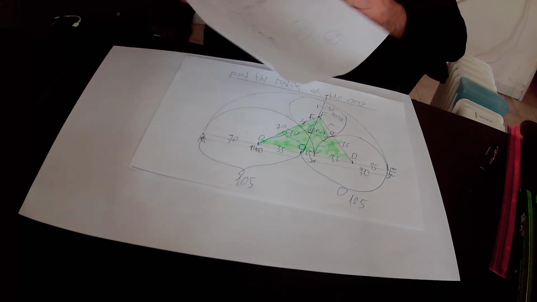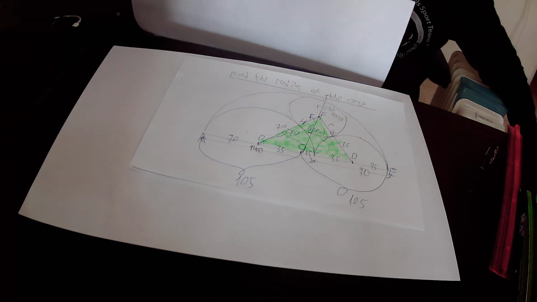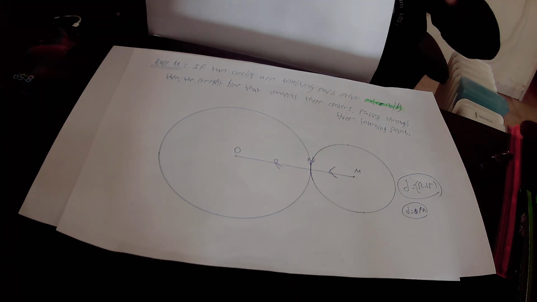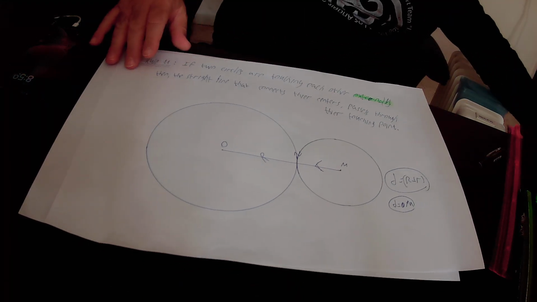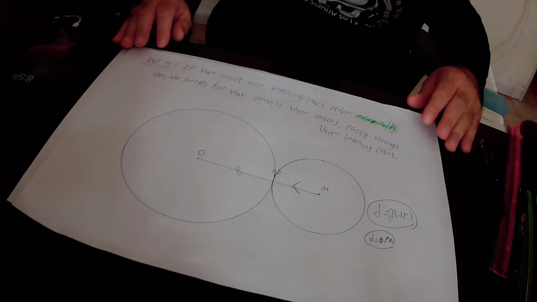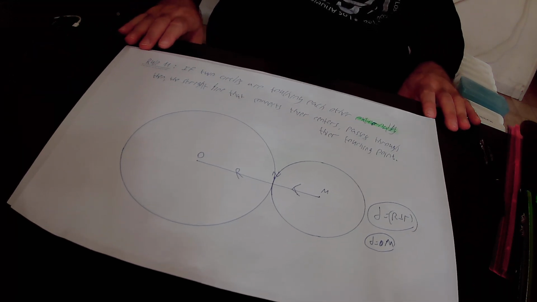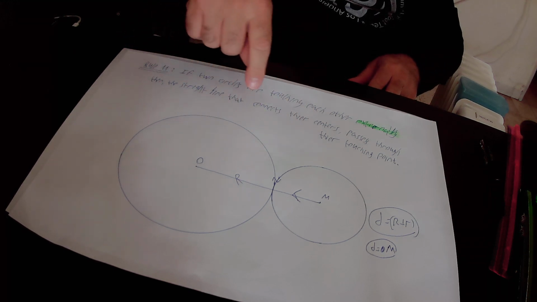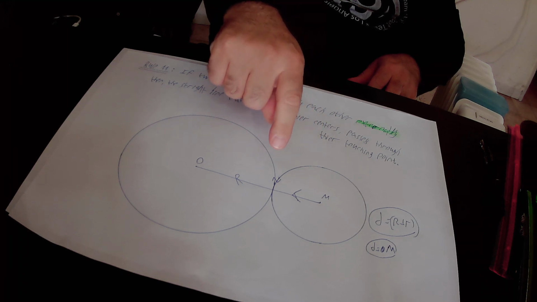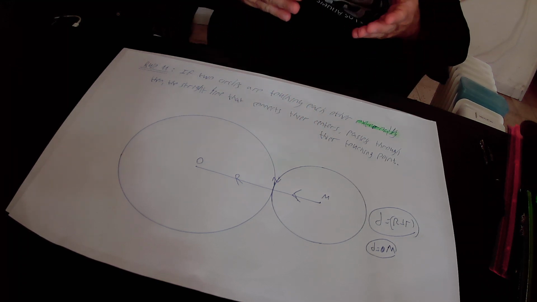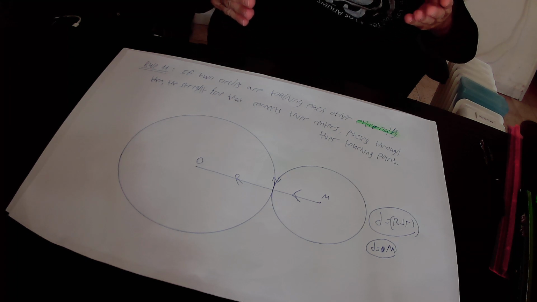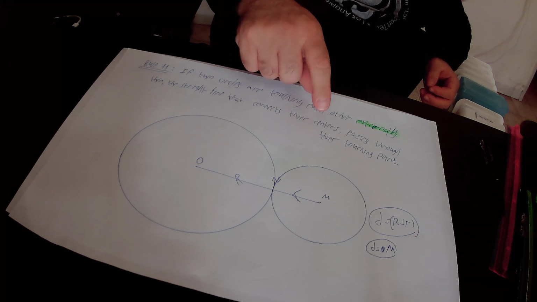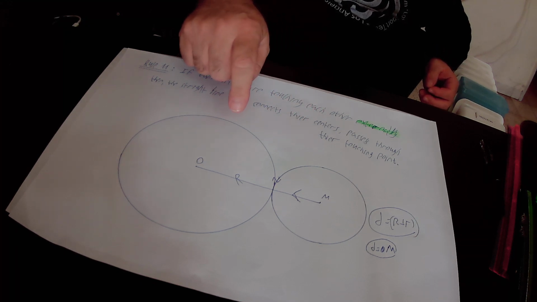Then I presented to you also rule number 11. According to rule number 11, if two circles are touching each other externally, you can see here that the big circle touches the small circle at point N. It is defined as an external touch, because none of those two circles are inside the other circle.